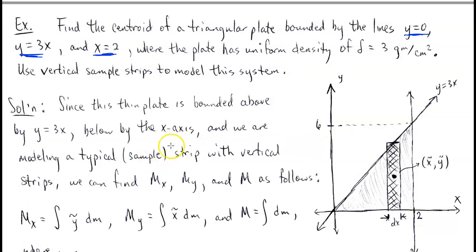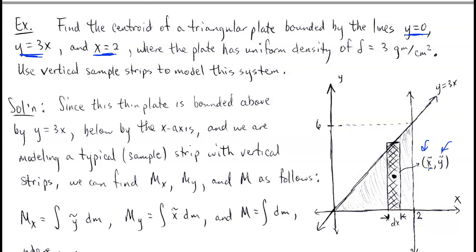So from here, we have our vertical strip, and we just need to figure out what our x tilde and our y tilde are going to be. We easily know, because this is a vertical strip, that our x coordinate, x tilde, is just going to be x.